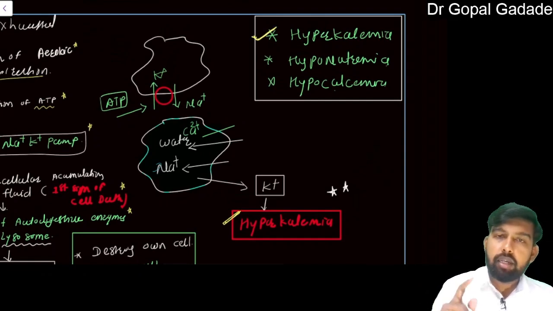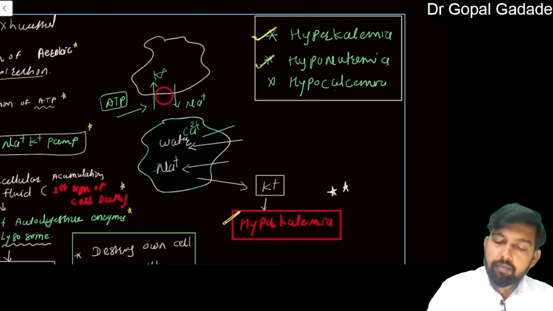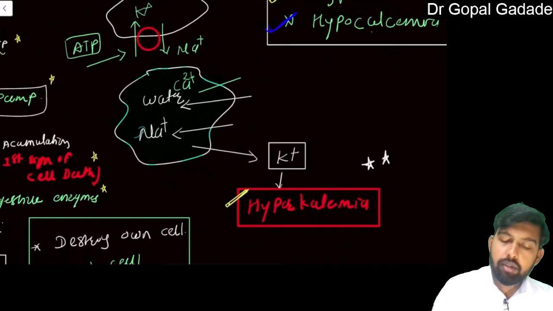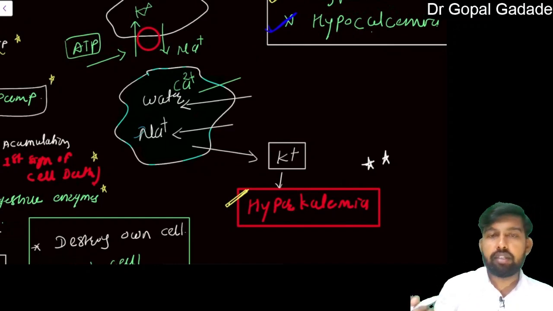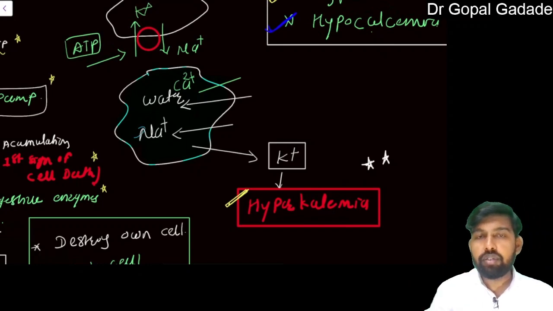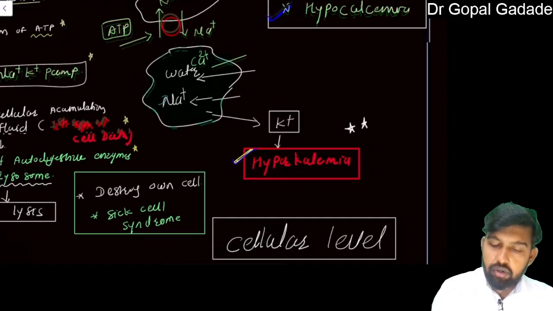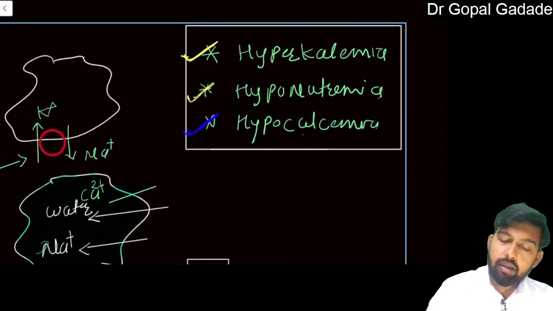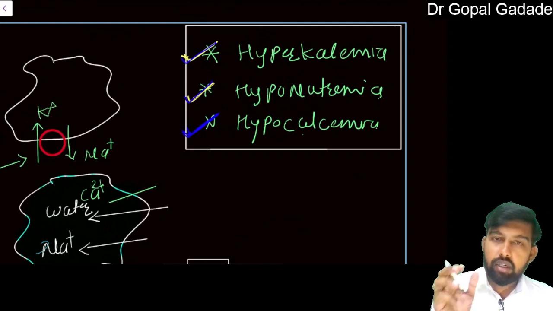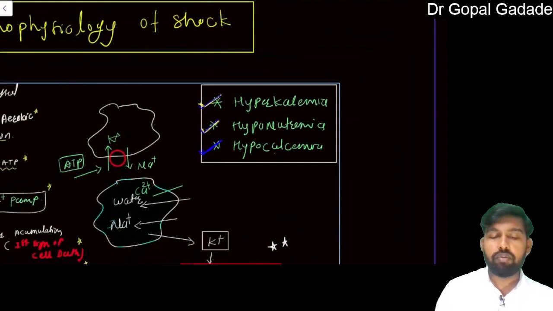And because of the failure of the sodium potassium ATPase pump, there is hyponatremia as well as hypocalcemia, because at the cellular level sodium and calcium go inside the cell, and after the lysis the potassium is released into the circulation, which ultimately leads to hyperkalemia. So at the cellular level, the changes which occur are, one is hyperkalemia, another is hyponatremia, and another is hypocalcemia. These are the changes or the pathophysiology at the cellular level.